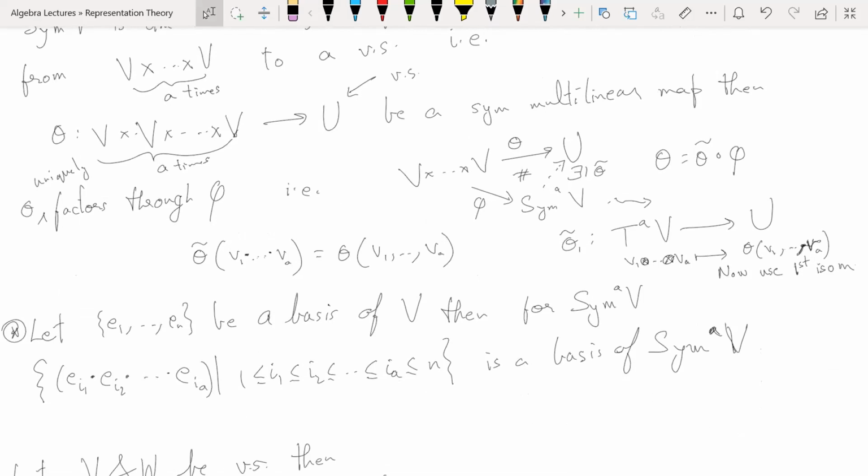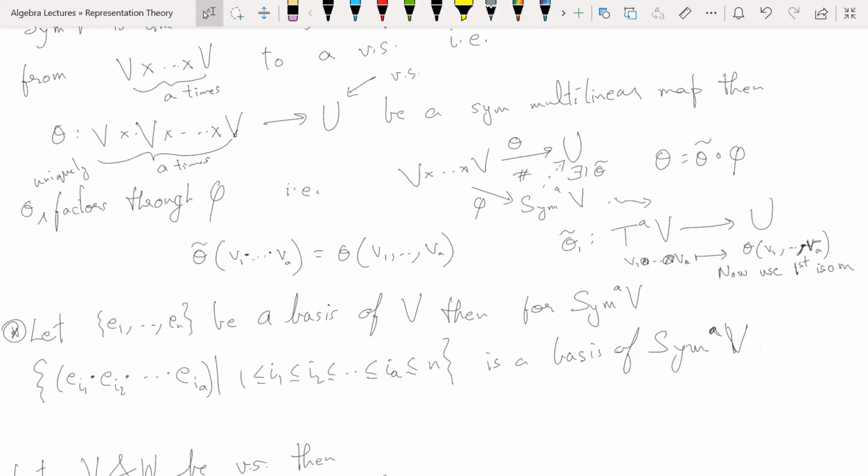Now, what is a basis of Sym^A V? Remember, for T^A V, the basis was all tensors. If you had a basis v1 to vn of V, then you take v_i1 tensor to v_iA, where i1 to iA are between 1 and n.